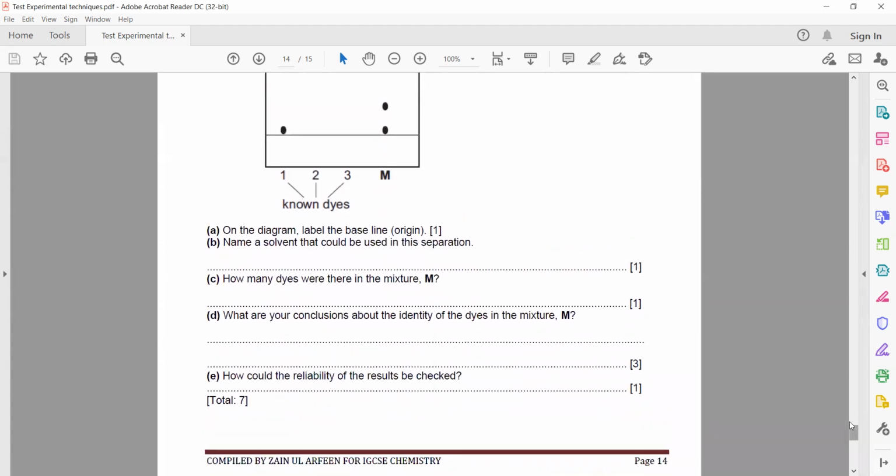How will we show that our result is accurate? We should repeat the procedure and take the Rf value, or calculate the Rf value. So we'll be sure of our results.